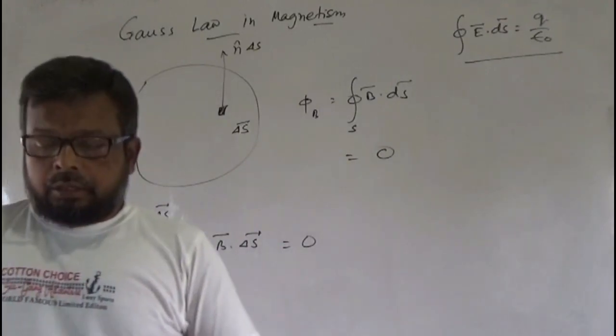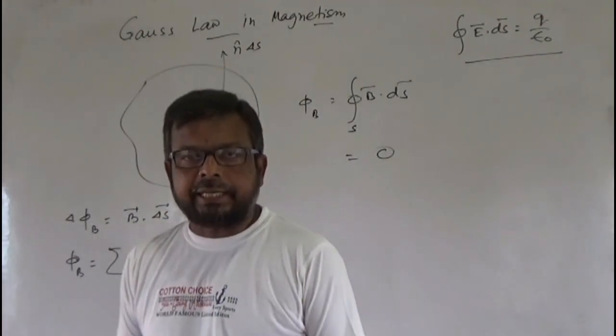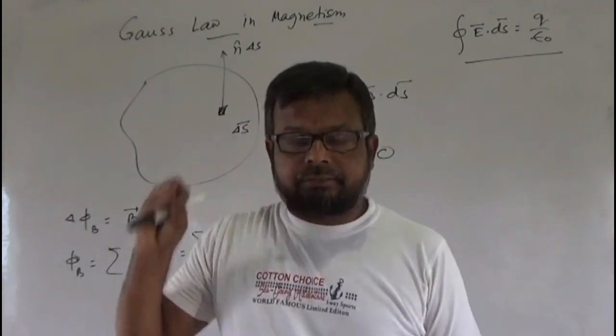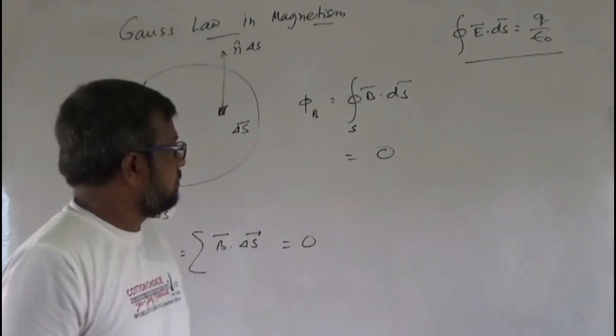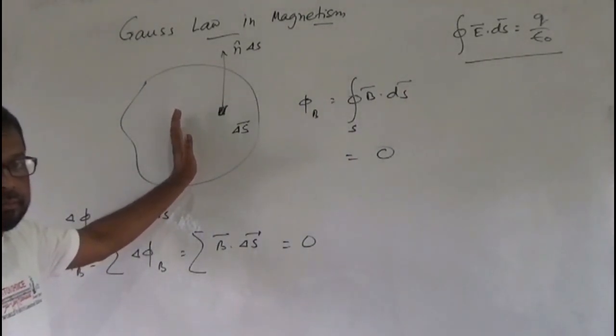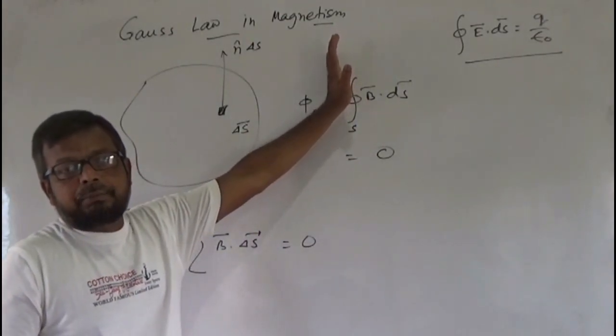Or in other words, the magnetic field lines entering a surface are equal to the field lines leaving it. The number of field lines entering the surface will be the number of field lines leaving the surface.